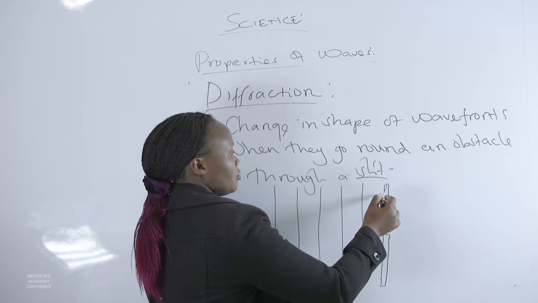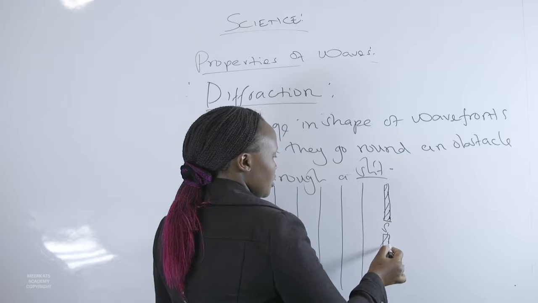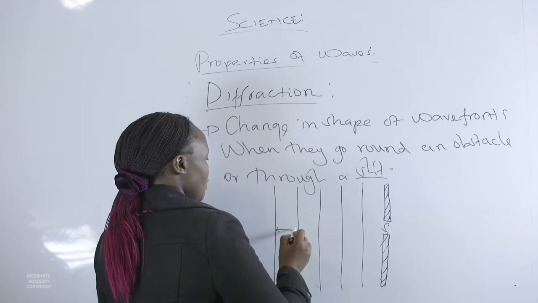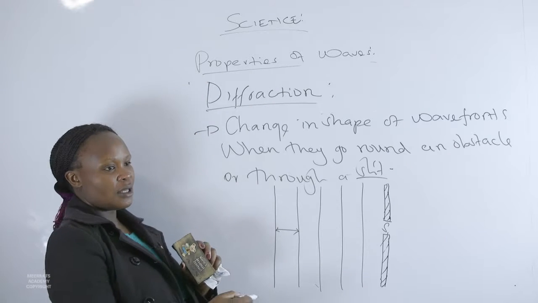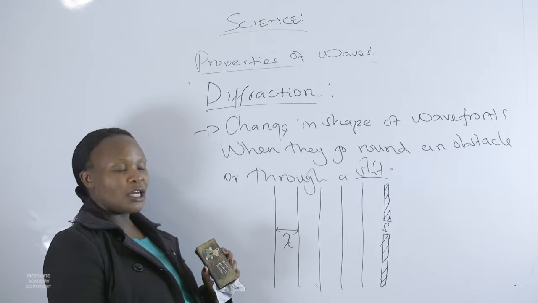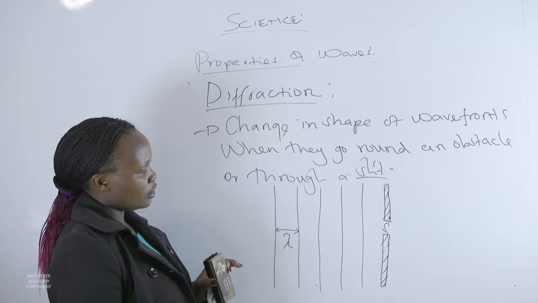Now, this is the boundary and has a slit S1. Here, we have the spacing representing our wavelength. Now, what happens when these waves come across this boundary?